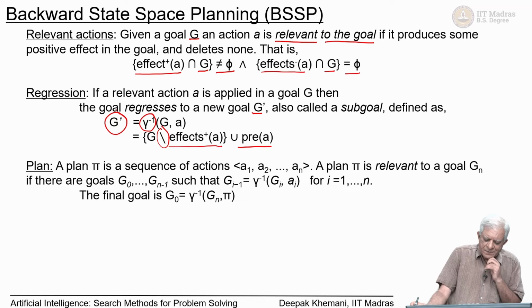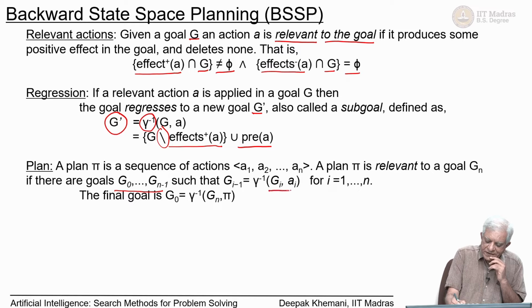Again we talk about a plan pi, which is a sequence of actions as before. We say that a plan pi is relevant to a goal G of n if there are sub goals going right up to G0, from G of n minus 1 down to G0, such that for each Gi and the relevant action Ai, you regress to a sub goal G of i minus 1, and you do this for all the n actions. Remember, there are n actions.